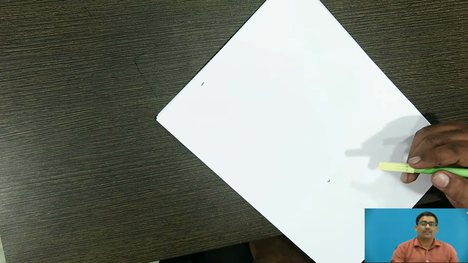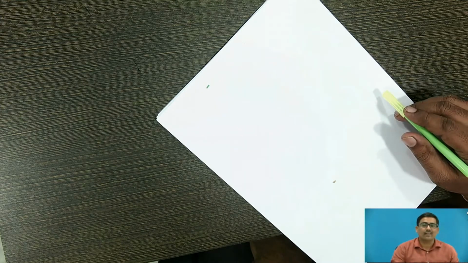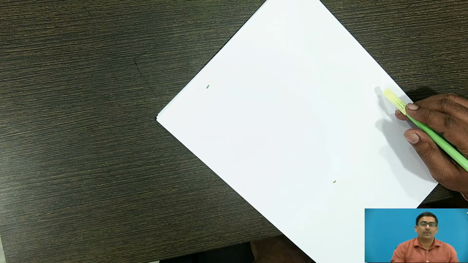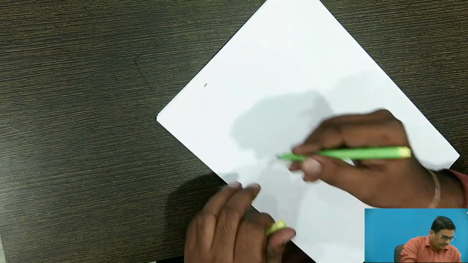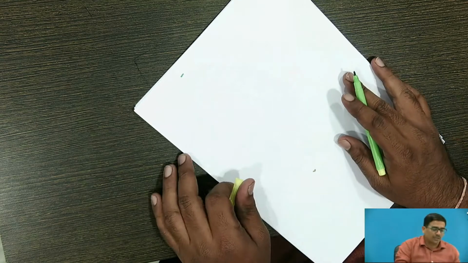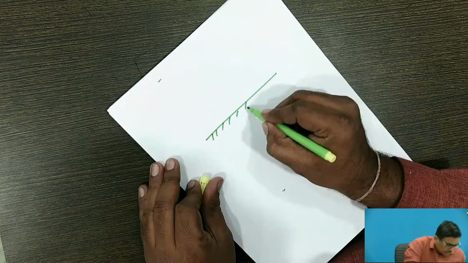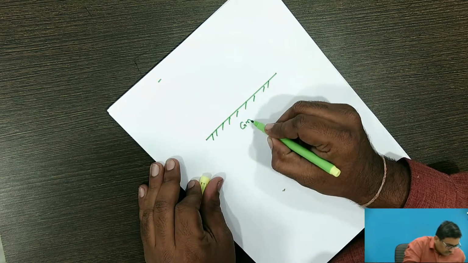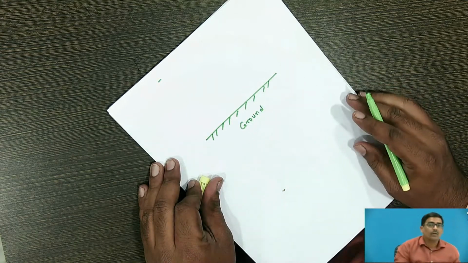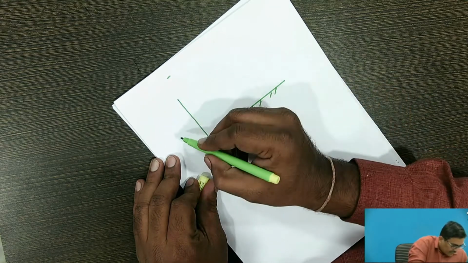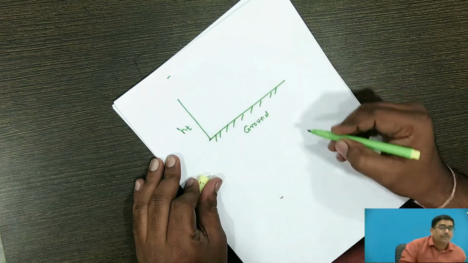So for the derivation of the E field, once again I want to draw this diagram. From that, we want to calculate the total E field in the Ray propagation model. So in the Ray propagation model, this is called the ground. This is the height of the transmitting antenna, that is denoted by h of t.